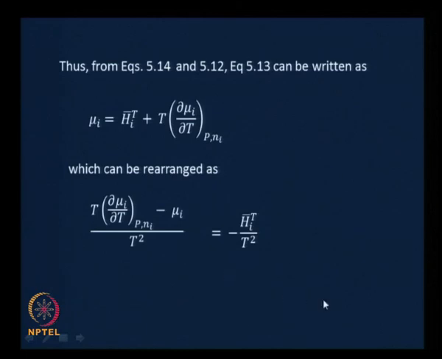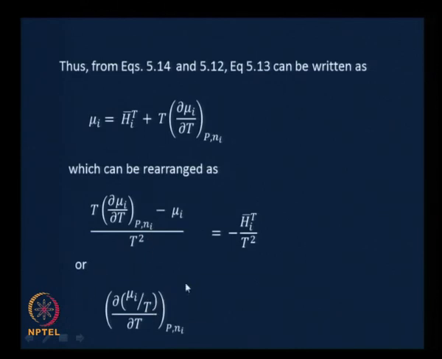The reason for this rearrangement is that this form is nothing but ∂/∂T of (μ_i/T) at P and n_i. If you are unable to see this, consider it as U by V: denominator function times the derivative of the numerator function, minus the numerator function times the derivative of the denominator function, which is 1 here, divided by the square of the denominator function.